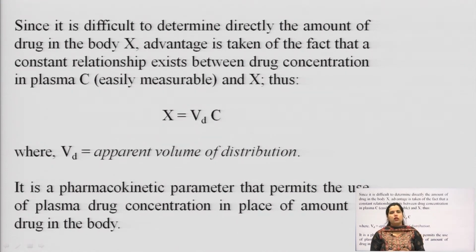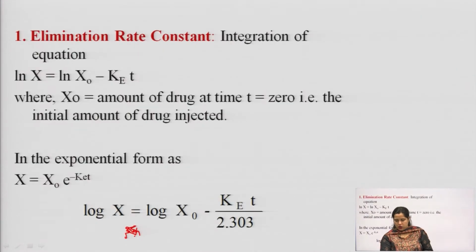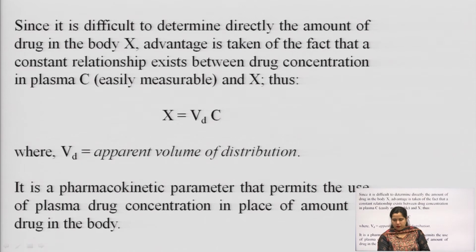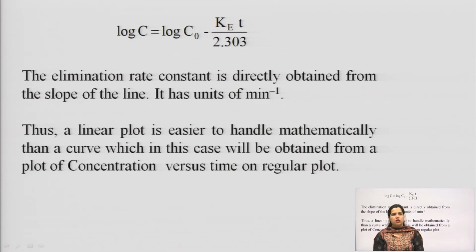So, using this equation we can easily calculate how much drug is present in the body and how much is to be eliminated. Since Vd is the apparent volume of distribution, instead of x we use C. So, log C is equal to log C naught minus k E t divided by 2.303.